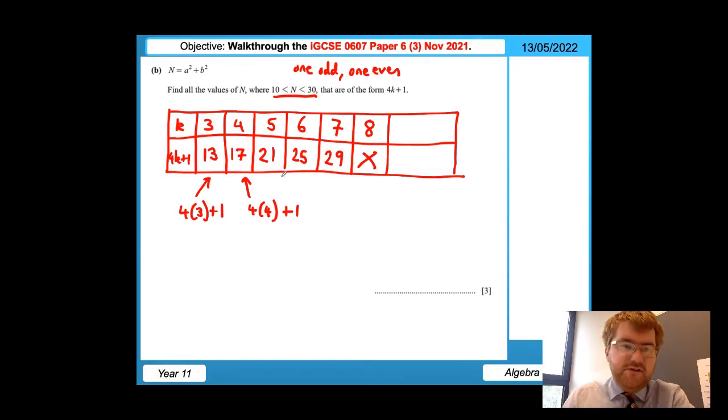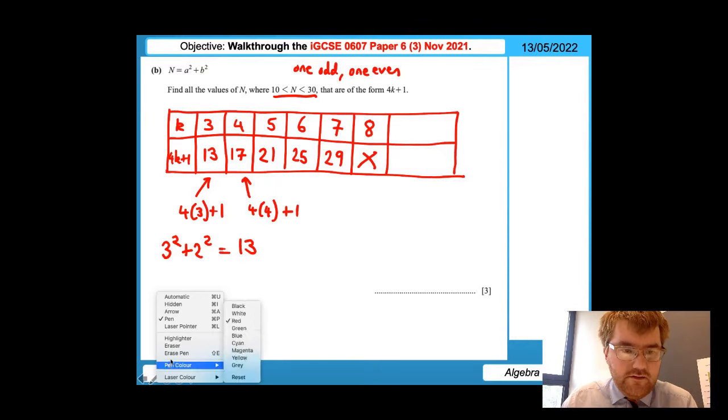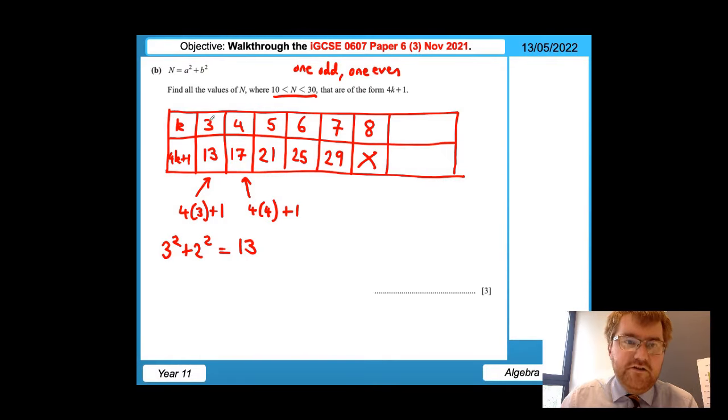So 3 squared plus 2 squared is equal to 13. So that's fine. So as we go through, just tick this off. 17, yep, that's 1 squared plus 4 squared. 17, so that works.